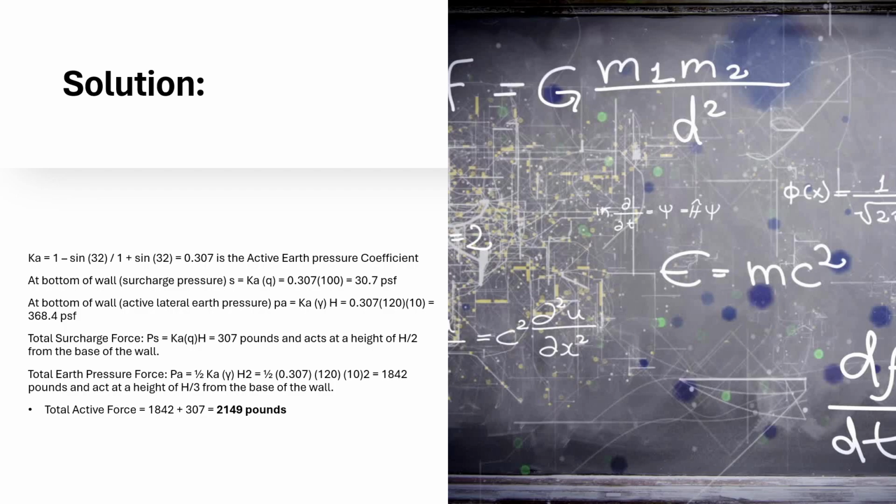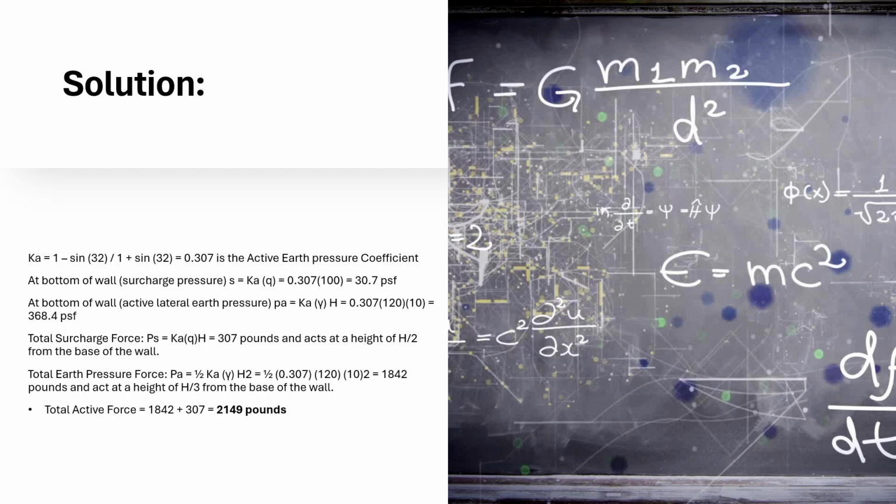At the bottom of the wall, the surcharge pressure is equal to the coefficient times the surcharge. So we just assume that the surcharge is 100, so it will be 30.7 psf. And also at the bottom of the wall, the active lateral earth pressure is equal to the coefficient times the unit weight of the soil times the height.